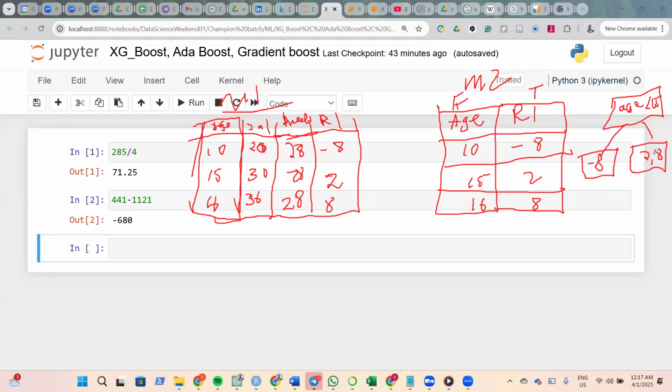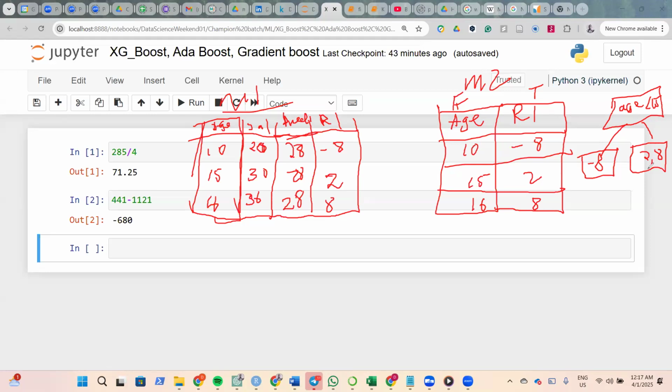So anybody who is greater than or equal to 15, you are now doubting whether this person is going to end up in category 2 or category 8. But it's sure that anybody who is less than age 15 ends up in category negative 8. That's sure.